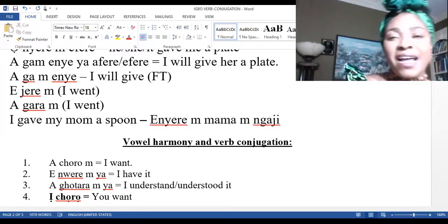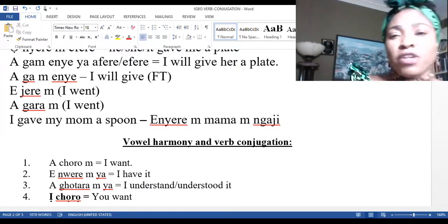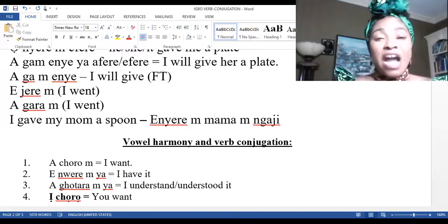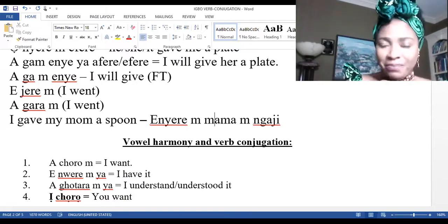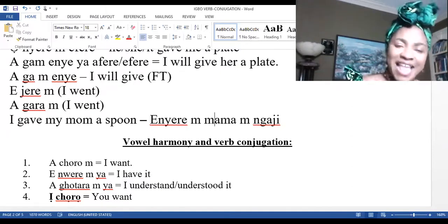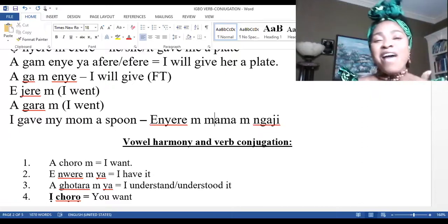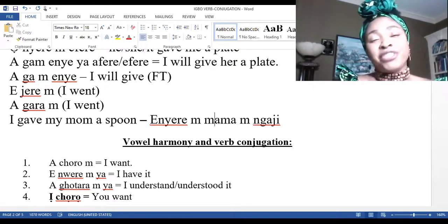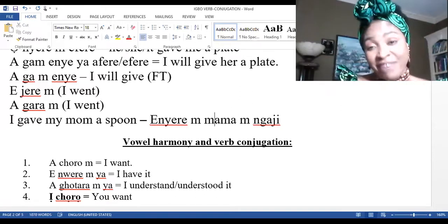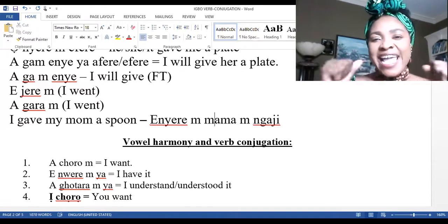Oh, Nana, do you want to go to church? Nana, chorega oka? Achorum, I want. Okay. Now you can say enwerem ya. I asked you, do you have a pencil? Yes, I have it.